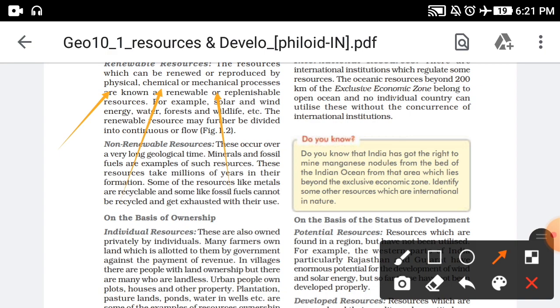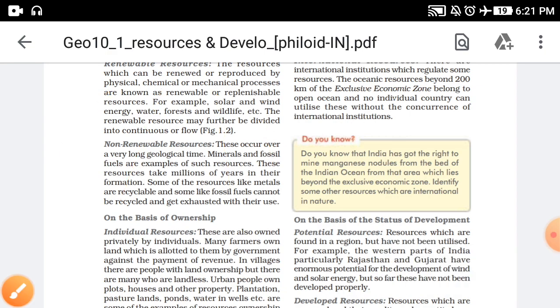They are known as renewable or replenishable resources. For example, you see solar and wind energy, right? They are sort of unlimited. Okay, water, forest and wildlife, etc. The renewable resources may further be divided into continuous or flow. Alright, we have seen it.